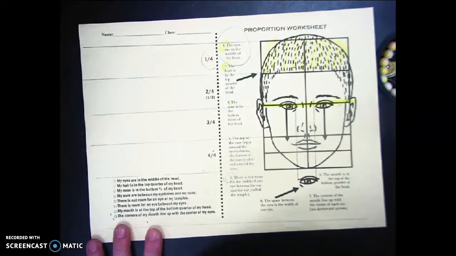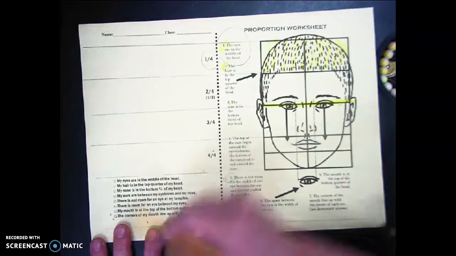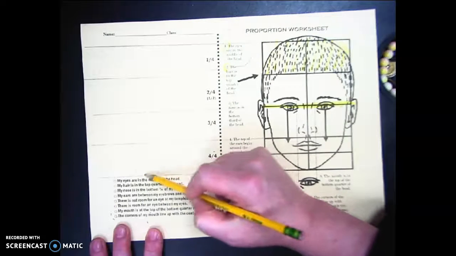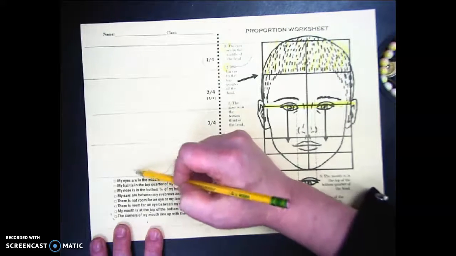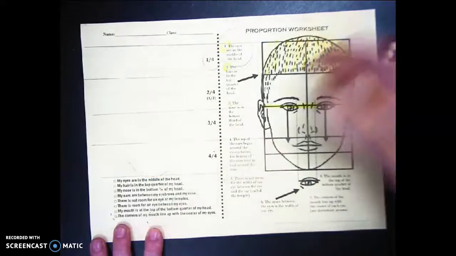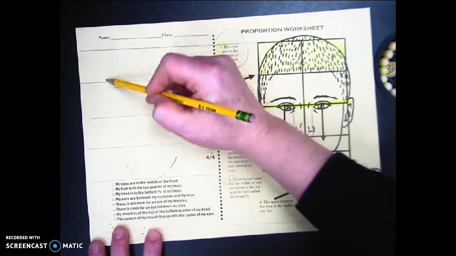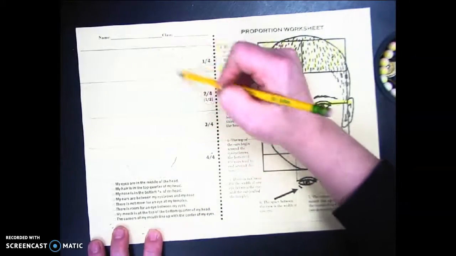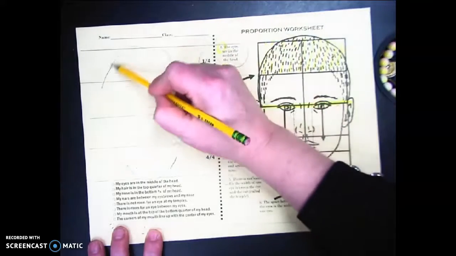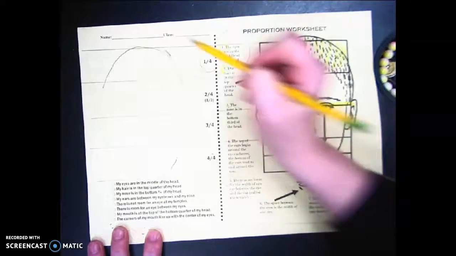When you begin drawing your picture, start out with what you know to be true. You know your chin is going to be right there, so you could just go ahead and draw a chin. You know that the top of your head is going to hit this line, so you could go ahead and draw the top of your head.